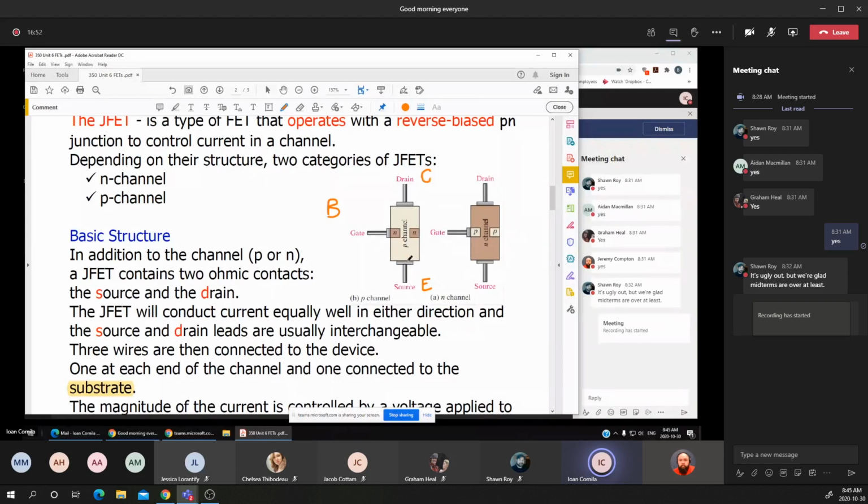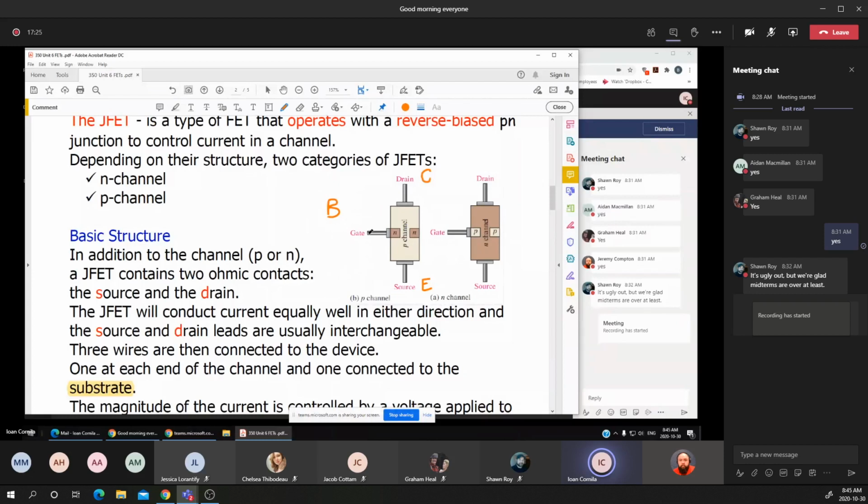At this point, I can emphasize that the basic functionality of the FET is exactly the opposite of a BJT. If on a BJT we are not applying any base voltage, there is no current. For an FET it is exactly the opposite.